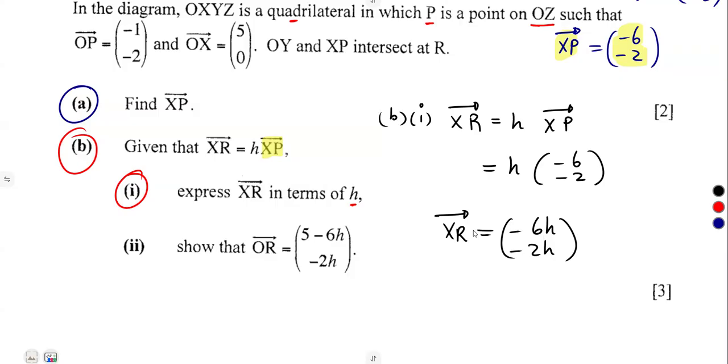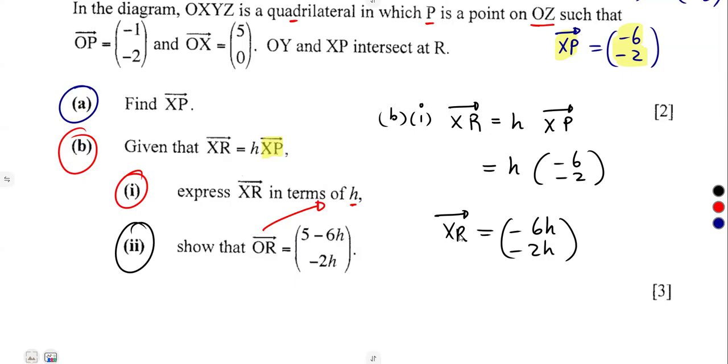As we can see, it is direct. Let us move on to another one, then show that OR is equal to this. As we can see, OR is given also in terms of h. So far from our calculations, the only part that contains h is XR.